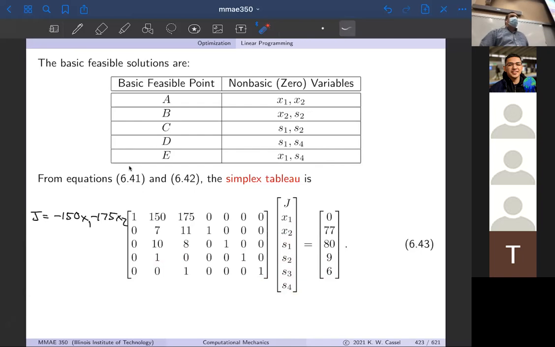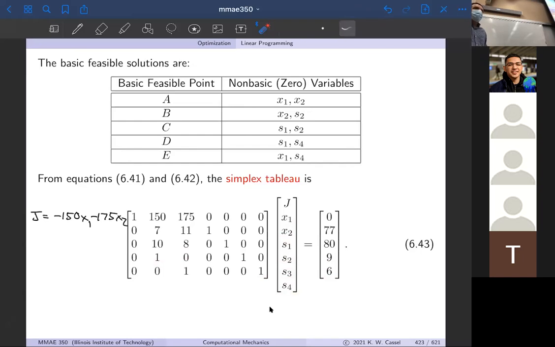Does that make sense? Just converting those same equations in standard form into the matrix form. And now, again, there's a check you can make here. Along the way, you can make all these checks to make sure everything makes sense.